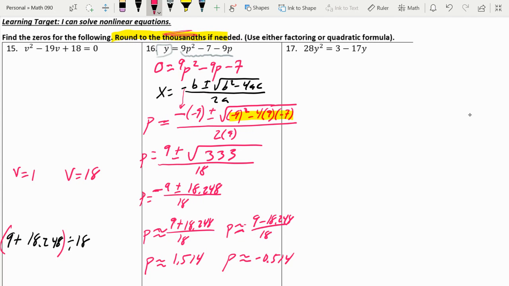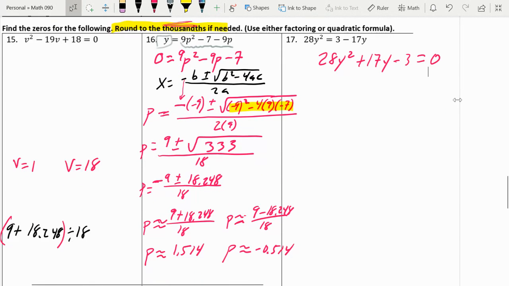We end up with 28y squared. How do I move that to the other side? Change the sign. So negative 17y becomes plus 17y, and I need to move this positive 3 to the other side. Change the sign. It was a positive 3, so now it's a negative 3, and force it equals 0. There's your A, B, and C.